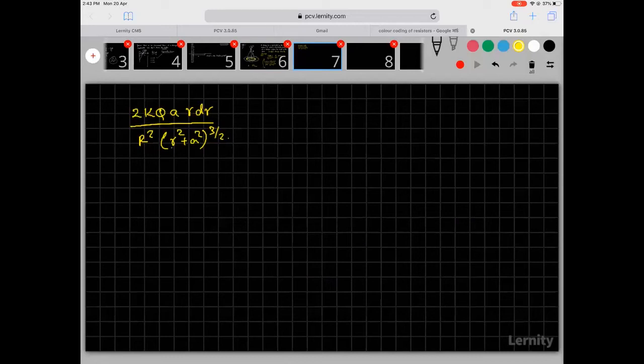The small r is that variable r. So now you're going to integrate this from 0 to R to be able to get this, right?